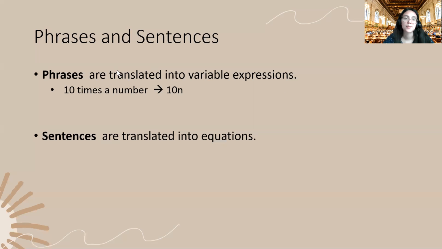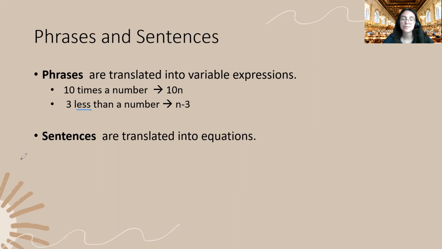The next example: we also discussed things like 3 less than a number. Recall that less than is a vocab word for subtraction, and that order does matter in subtraction. So 3 less than a number is going to be n minus 3, whereas something like 3 minus a number would be 3 minus n. So go ahead and check out that lecture just so that you can understand the order.